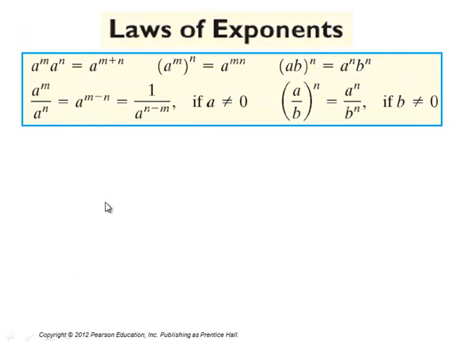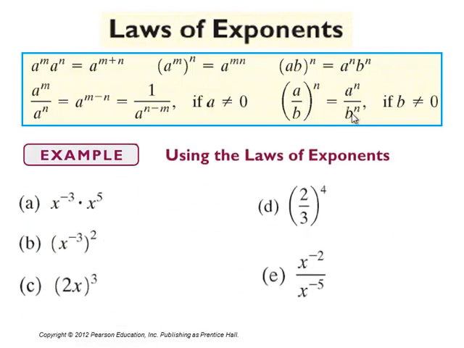Here's the laundry list of laws of exponents here. I'll let you look at these. I think you've seen all of these before from a previous math class. Take a look at some examples here. Suppose that we have x to the negative 3 times x to the 5th.